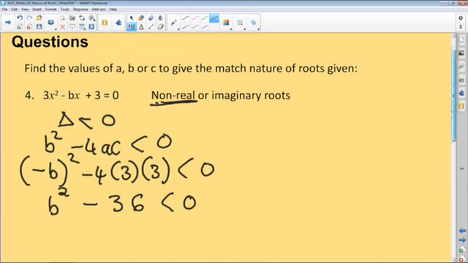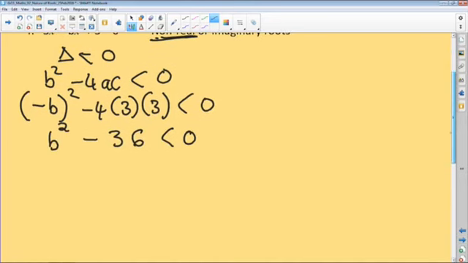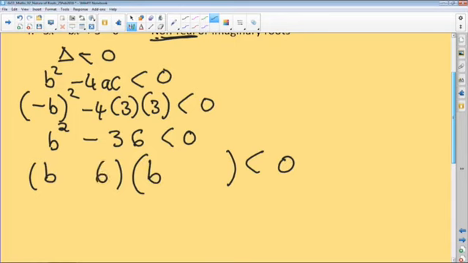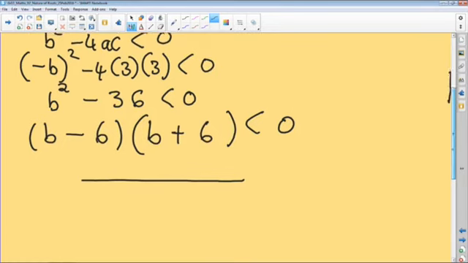Now, watch. Guys, you don't say b squared is less than 36 and then b should be less than 6. This is a difference of 2 squares. You can factorize the b and the b, 6 and the 6, minus and plus. Now, going back to our inequalities again, guys, you will have a negative 6 and then a 6.